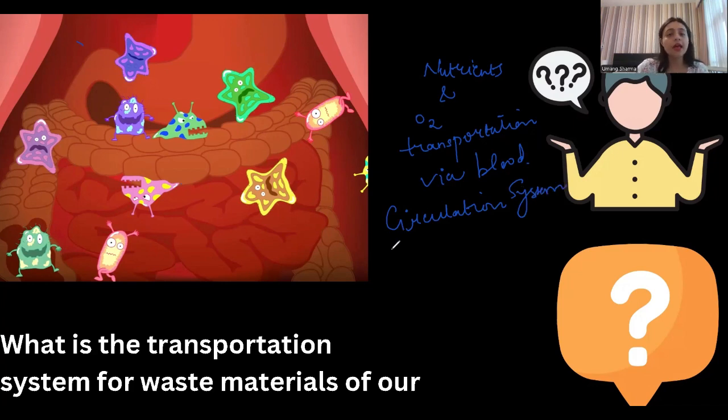But do you remember that I have told you that blood acts as a transport vehicle which transports the nutrients, oxygen, and also the waste materials present in our body? But where do they come from? And what is the transportation system of waste materials called in our body?